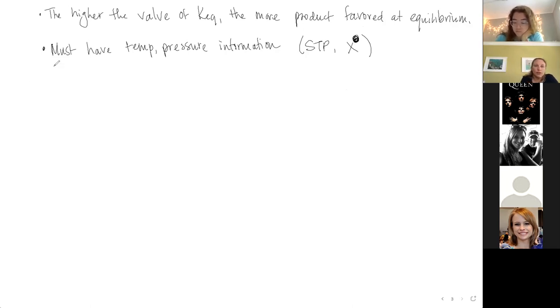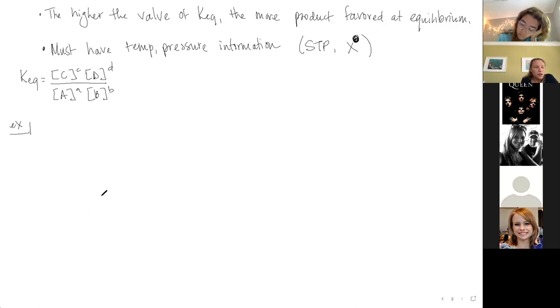Okay, so keeping in mind that our equation for chemical equilibrium is our products over our reactants, let's do an example problem.